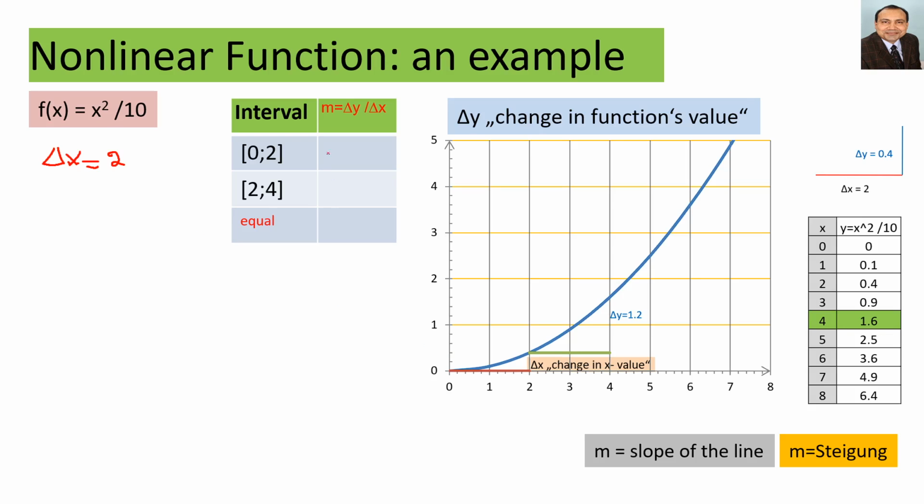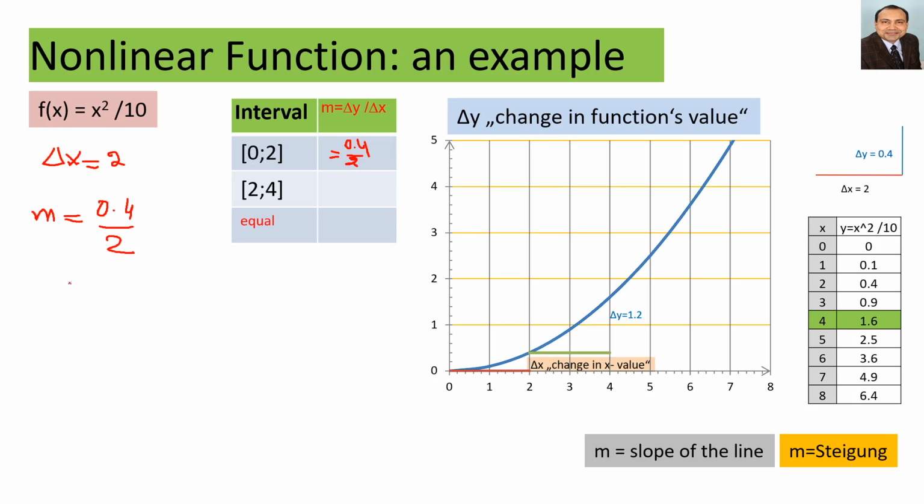So the change in y is 0.4, divided by 2. So here m is equal to 0.4 divided by 2.